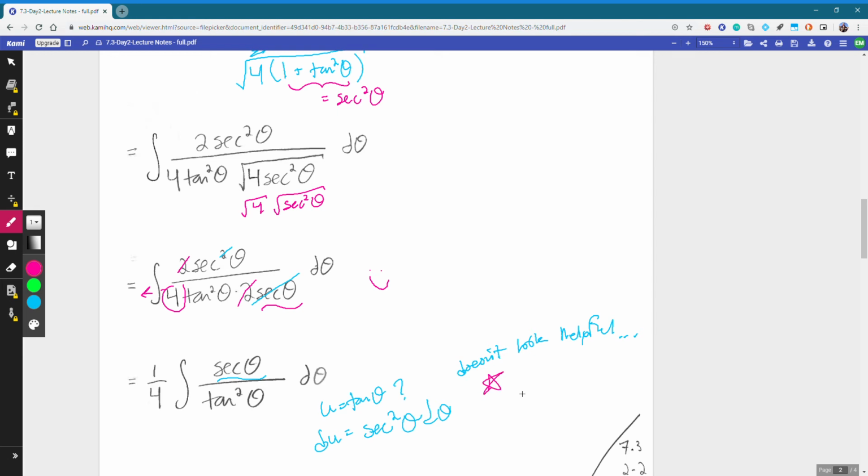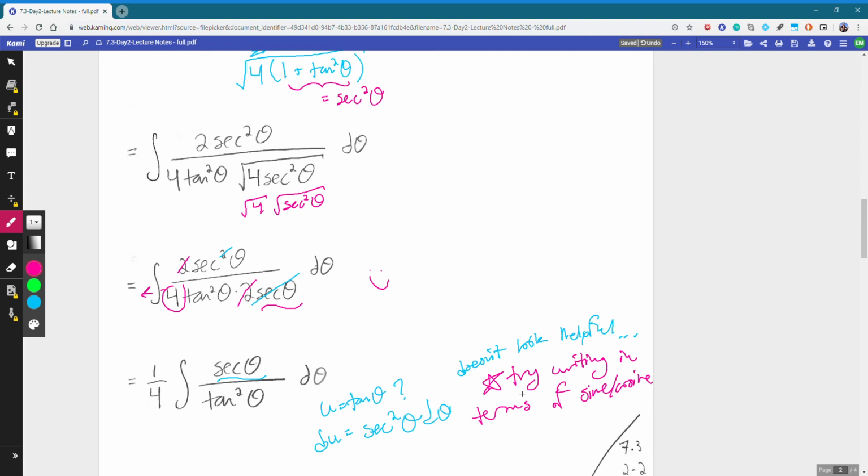So let's try that out. Let's try writing in terms of sine and cosine.